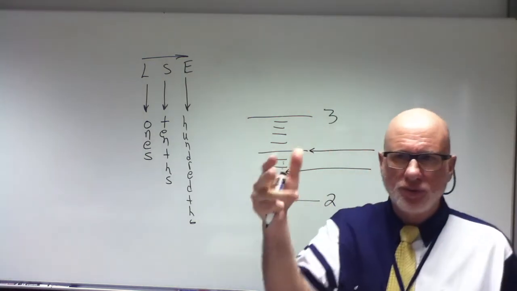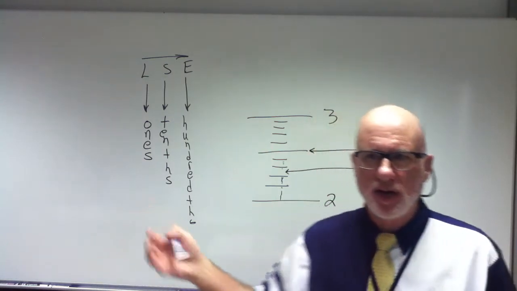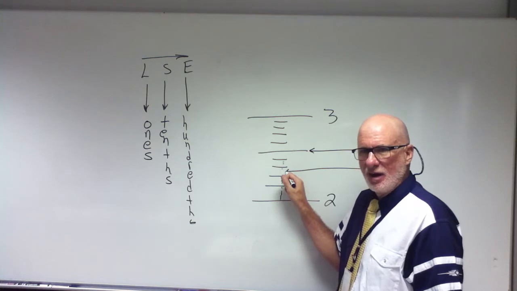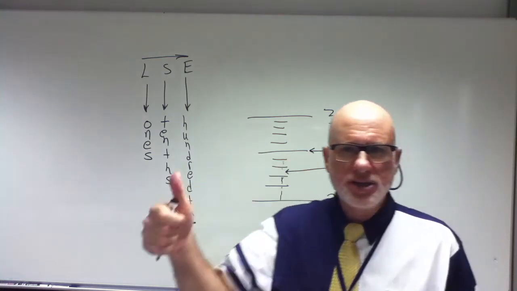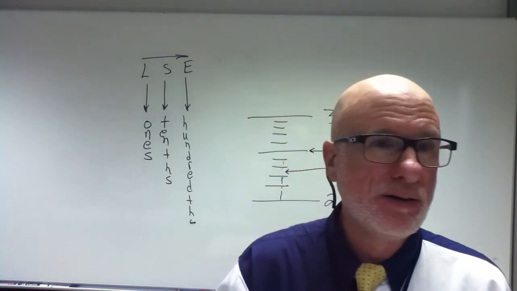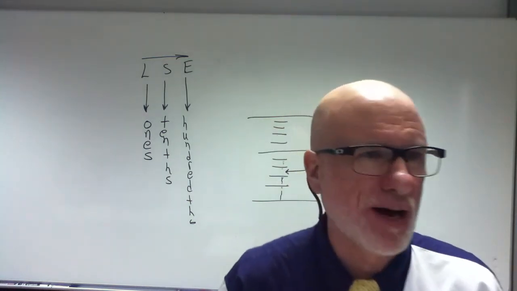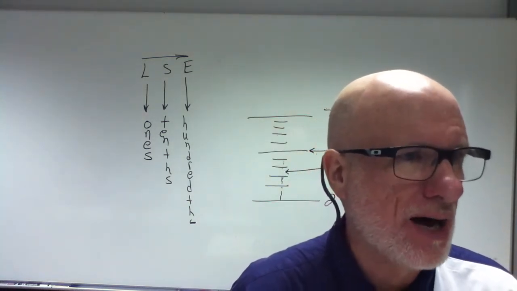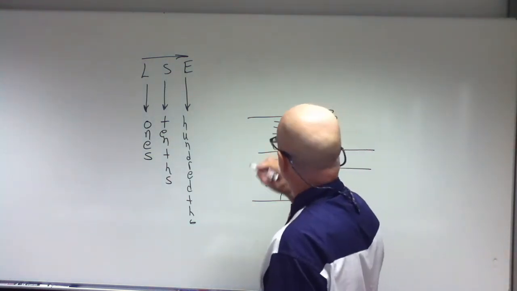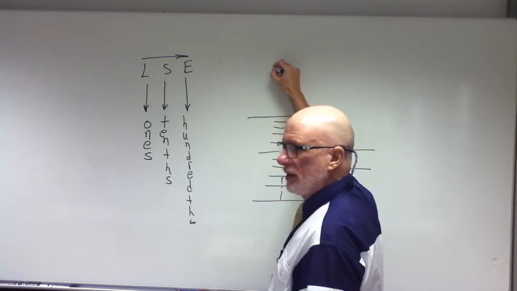A 1, 2, 3, 4, 5, 6, 7, 8, or 9? How would you estimate the position of that arrow? A 0, a 1, a 2, a 3, a 4, a 5? 5, right? Why? Because it's halfway, right? So you're estimating at 5, correct? Okay, good. So we're saying it's 5. So it's going to be what?